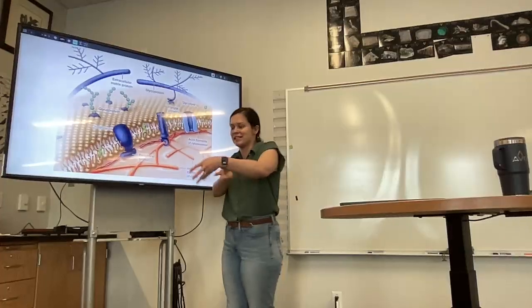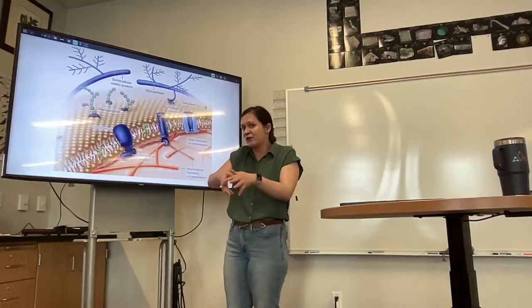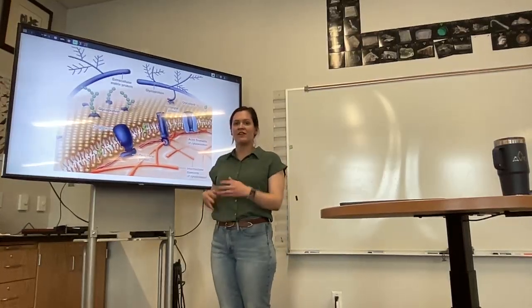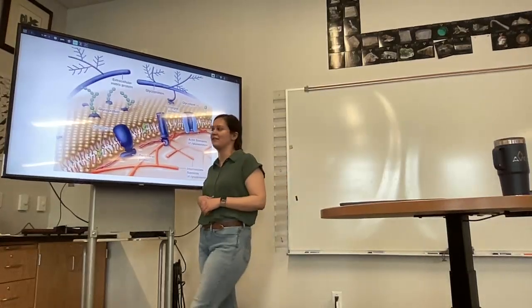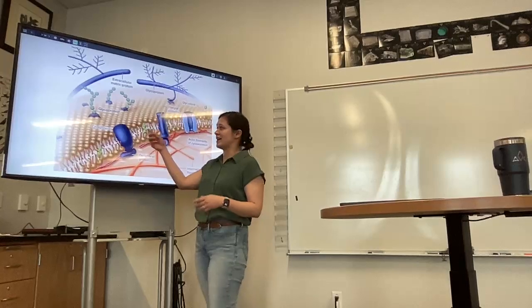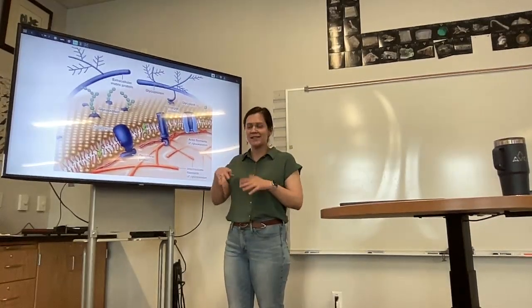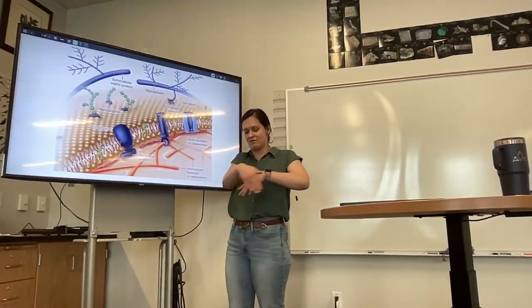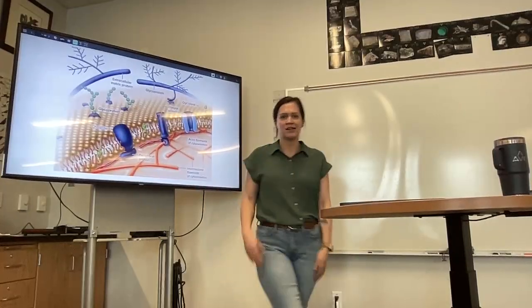The phospholipids need to be able to move past each other, and the proteins need to be fluid too. There needs to be movement for a healthy cell so that the cell can bring in stuff or have stuff leave. So the cholesterol introduces a little bit of space between the phospholipids, and the more space between them, the easier it is for them to maneuver about each other or past each other, essentially.